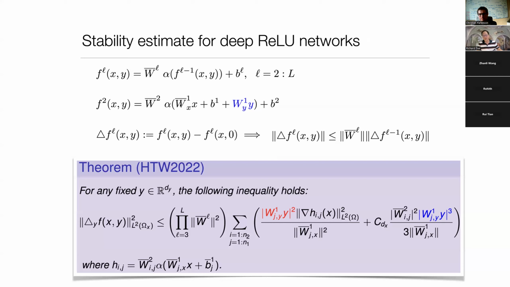And as we mentioned earlier, there's a set of weights in the first layer that is not trainable, denoted here by W1Y.